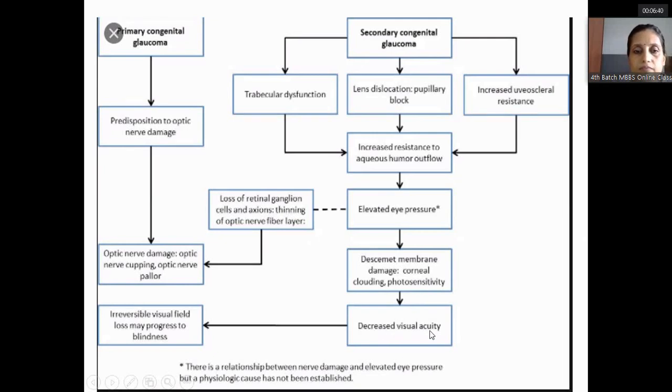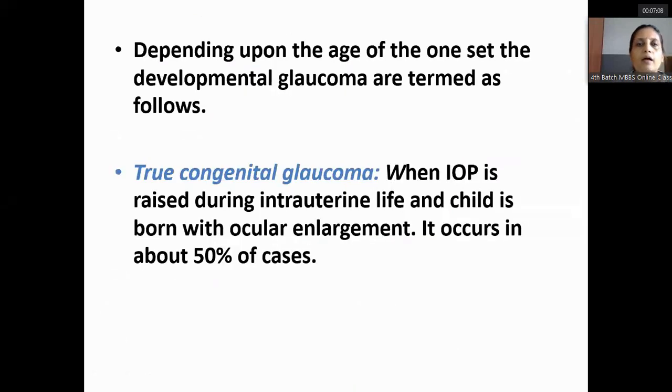So these all lead to decreased visual acuity and irreversible visual field loss, which may progress to blindness. So this is the consequence of how primary congenital glaucoma causes damage of the optic nerve, and the secondary form gradually causes optic nerve damage, and eventually there is a decrease of the visual field. So this flow chart shows you the sequelae of congenital glaucoma.